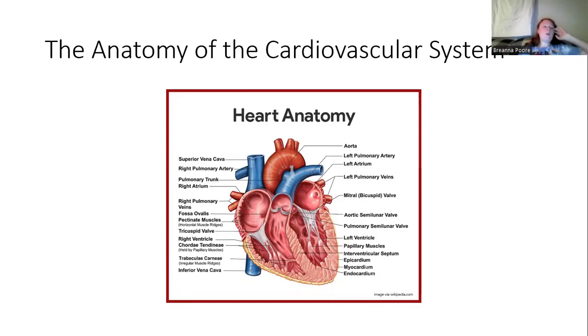But anyways, you have the pulmonary trunk, the right atrium, the right pulmonary veins, the fossa ovalis, the muscles, the tricuspid valve, the right ventricle, anterior vena cava, aorta, left pulmonary artery, left atrium, left pulmonary veins, the mitral valve, aortic semilunar valve, the pulmonary semilunar valve, the left ventricle, the other muscles, intraventricular septum, the epicardium, myocardium, and the endocardium.